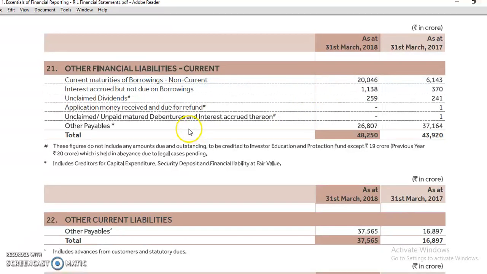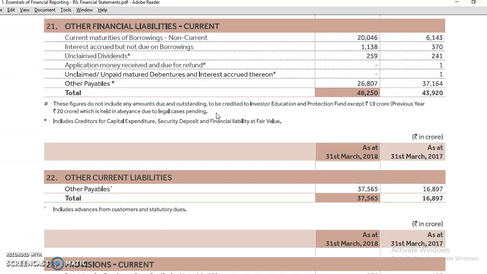What are the other payables? 26,000 includes creditors for capital expenditure, security deposits, and financial liabilities at fair value. As a user of financial statements, you need to be able to see the detail of this money, because it is quite significant compared to the other numbers. Unfortunately, the financial statements would not give more than these details.